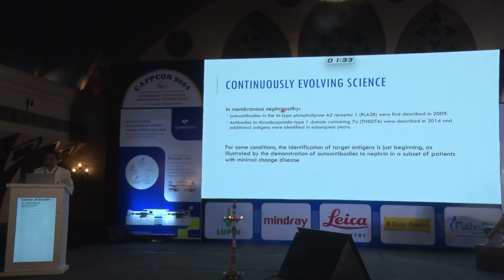So we're still evolving, more antigens are being discovered, and we are continuing to learn. For some conditions, the identification of the target antigen is just beginning, for example the autoantibodies to nephrin in a subset of patients with minimal change disease. These are very recent developments.